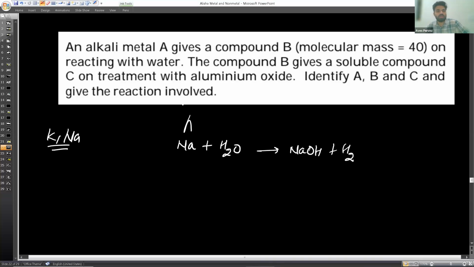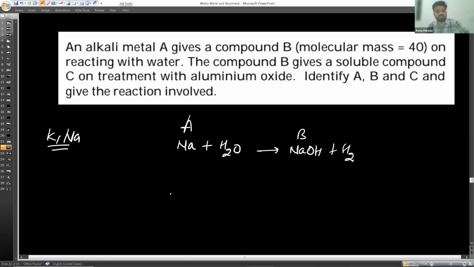So metal A is this one, compound B is this one. Compound B gives a soluble compound C on treatment with aluminum.